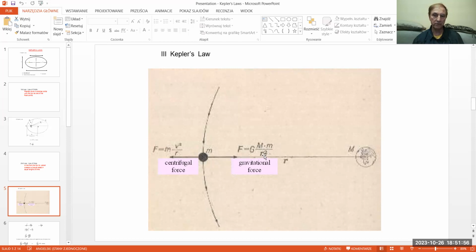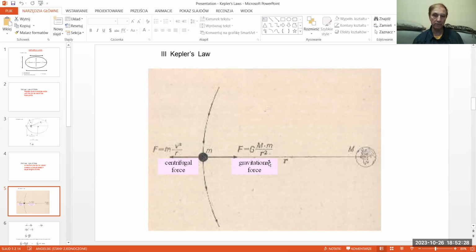This is the interaction force, or force of attraction, between the two bodies. M stands for the mass of the sun, lowercase m stands for the mass of the planet, r is the distance between the sun and the planet, and G stands for the gravitational constant.